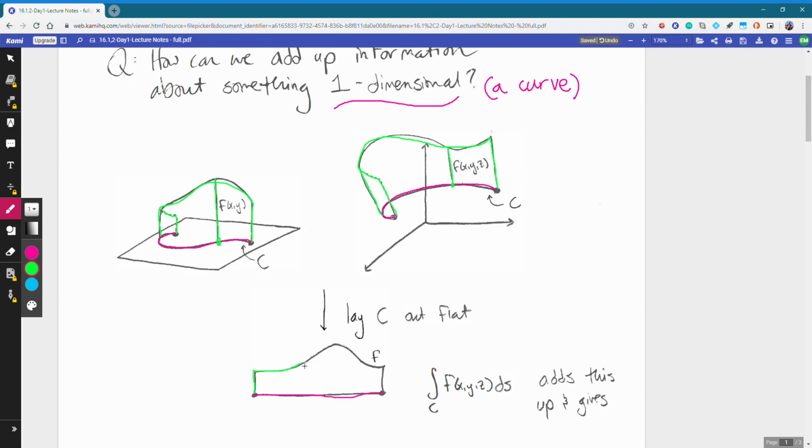And here's our ribbon over top of our function information. And what's going to add this up is right here. We use a single integral because what we're integrating over is one-dimensional. And this thing we call a line integral.